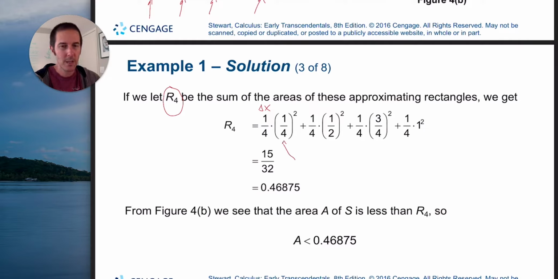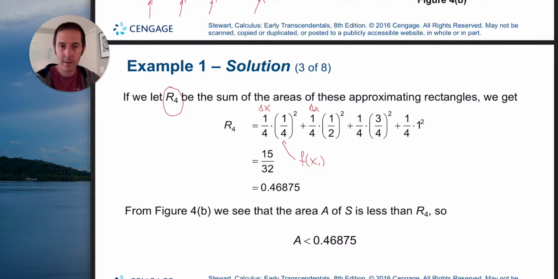if this is not the 0th x coordinate, but if it's the first x coordinate, I'm going to say that this is f of x sub 1. Our function in this problem is the x squared function, which is why that first x coordinate is getting squared. We've got delta x again here, the width of the next rectangle.